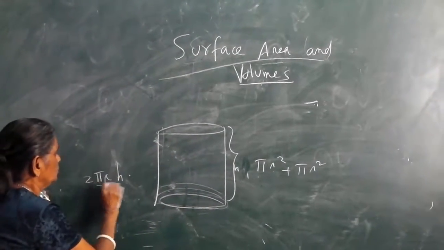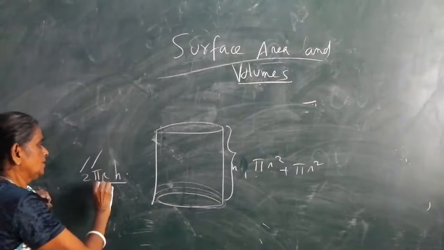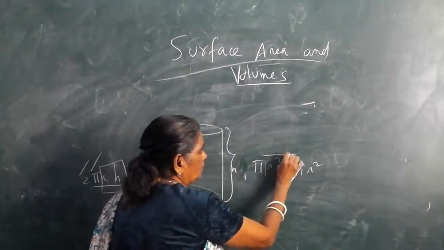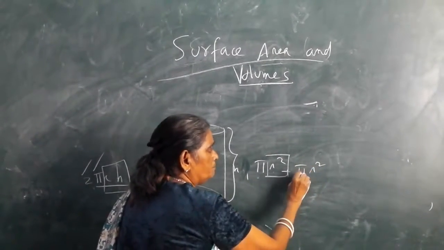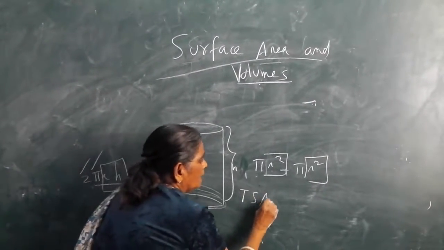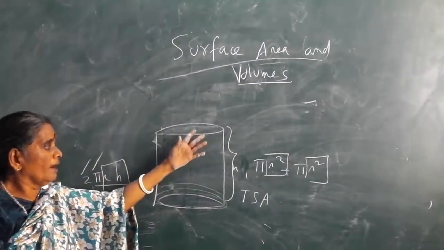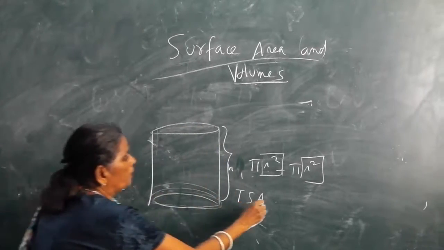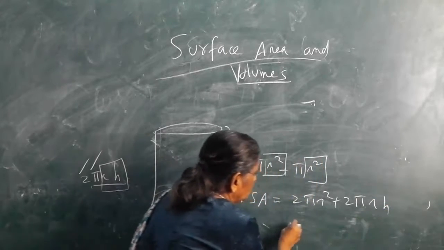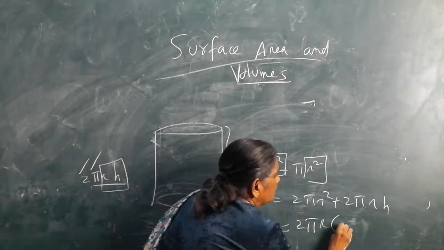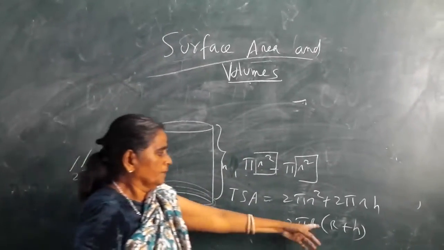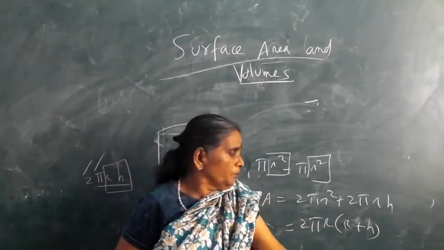Which will give rise to 2 pi r h. 2 is constant, pi is constant, r h is square unit. Pi is constant, r square is square unit. So the total surface area of a closed cylinder or cylindrical block will be 2 pi r square plus 2 pi r h, or you can take 2 pi r common: r plus h. Again you can add 2 linear units.